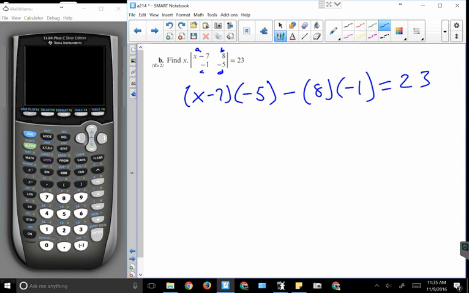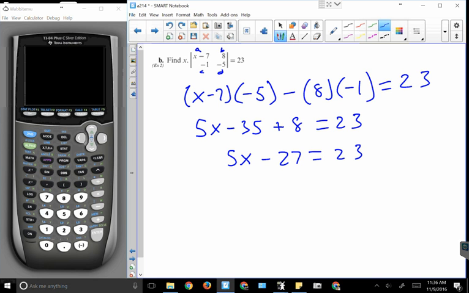So, distributive property, 5x minus 35, and that looks like it's going to be plus 8 is equal to 23. Do you agree? Yes, no, maybe so? So now, would it be 5x minus 27 is equal to 23?